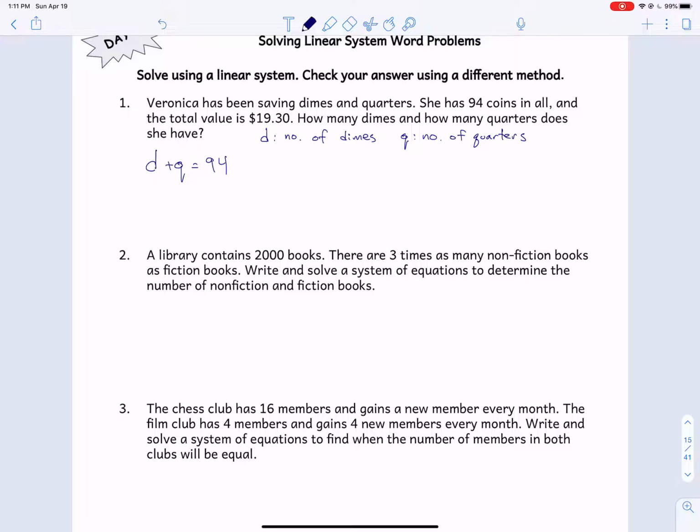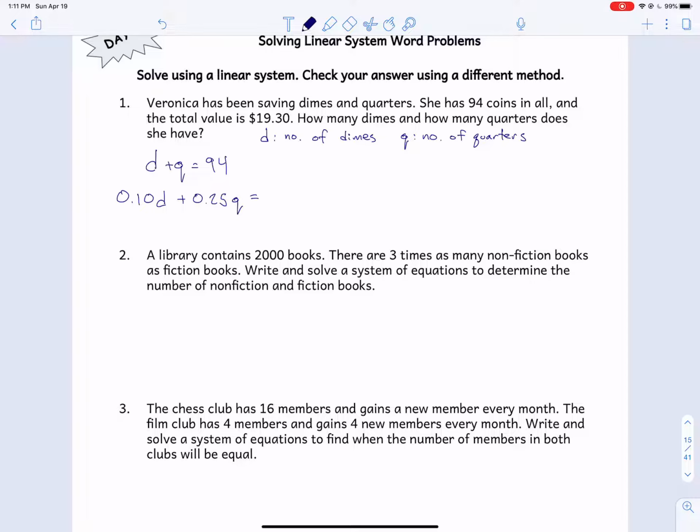And then the value of these coins is $19.30. So let's think about that. If we have a bag of dimes and quarters, how would we figure out the total value? We would count the number of dimes and multiply it by 10 cents, so 0.10 times the number of dimes, plus 0.25 or 25 cents times the number of quarters.